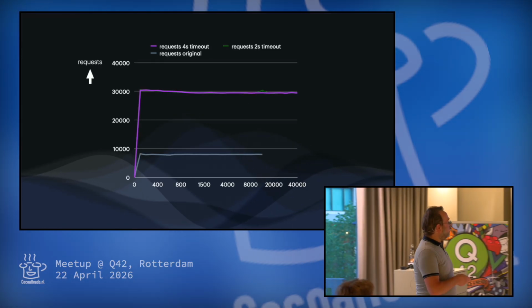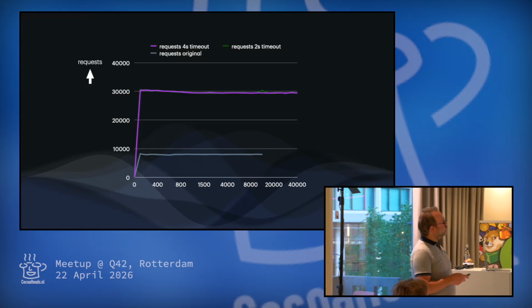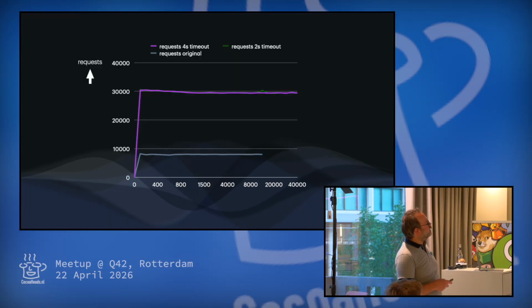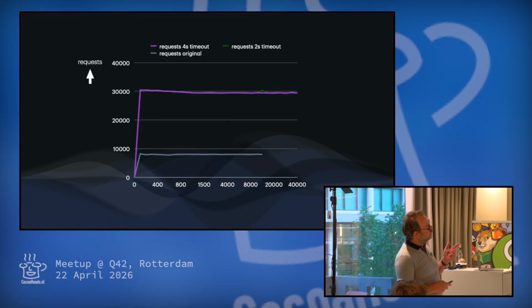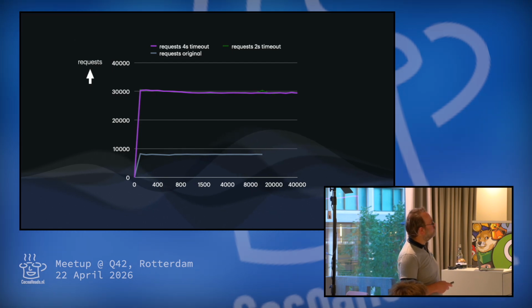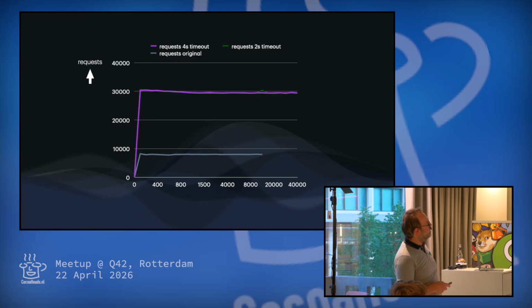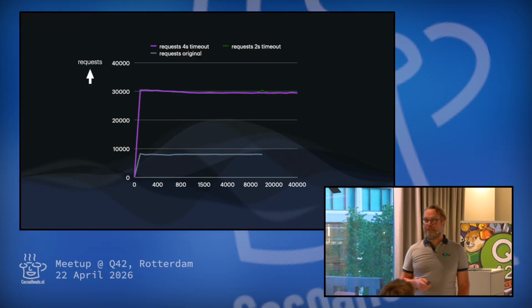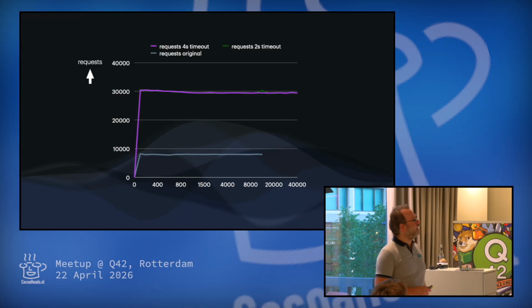Now, you see here the original request from Swift, how many requests it could handle. It's like 8,000 or so. And now, I have set the timing to 2 seconds or to 4 seconds, but there's not much difference here. You see the green slightly behind the other one. So basically, Swift could now handle 30,000 requests, which is getting close to Java.